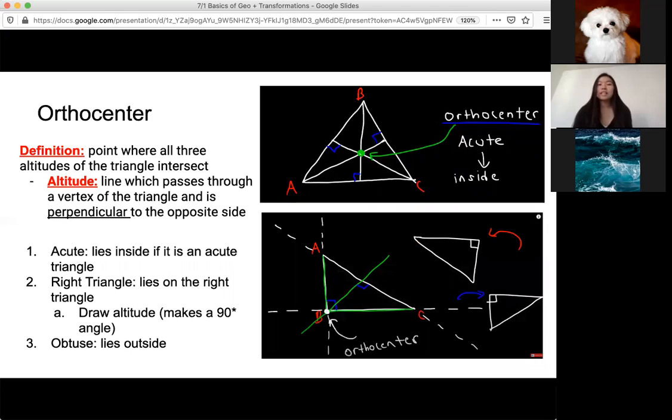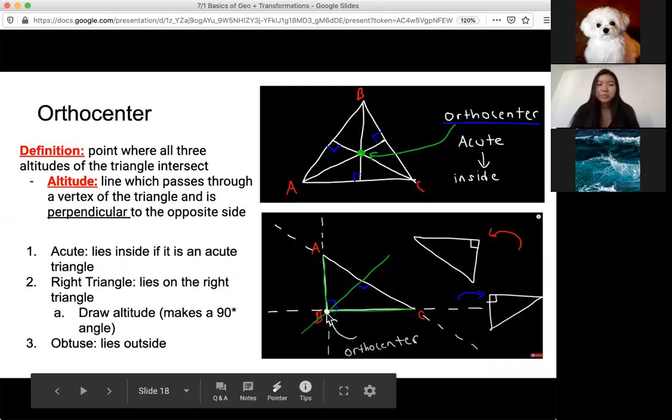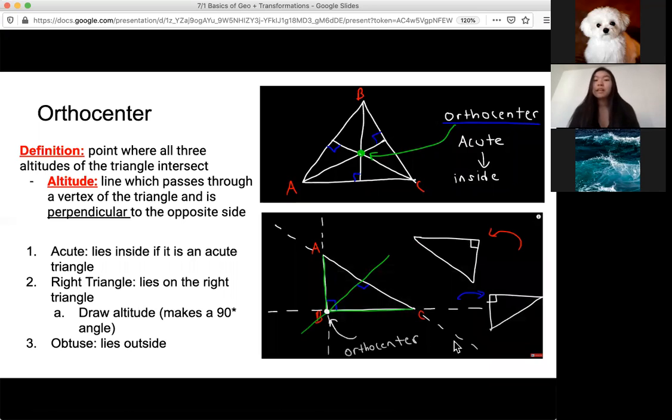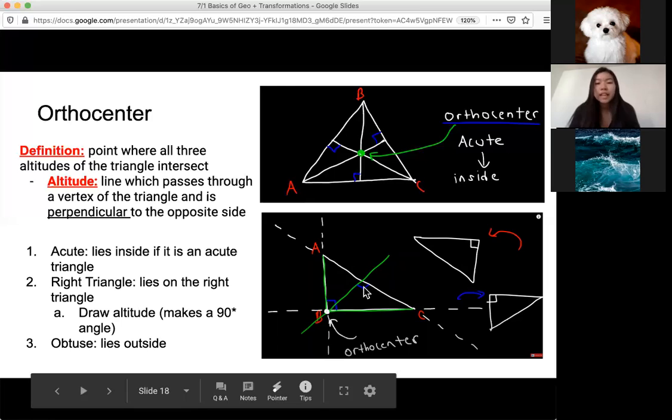Next would be a right triangle, and it should lie on the right triangle when all 3 altitudes meet at one point, and this is where it is. So again, you're going to draw lines in order to find the 3 altitudes that are perpendicular to the opposite side, which is going to make 3 right triangles again. This is a bit hard. There's a lot going on here, but if you can tell, AB is perpendicular to line BC.